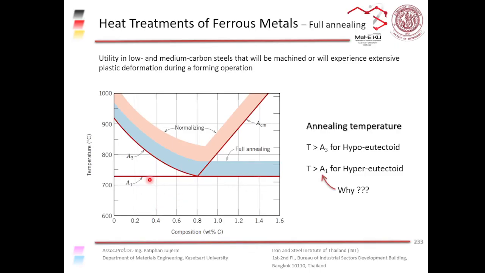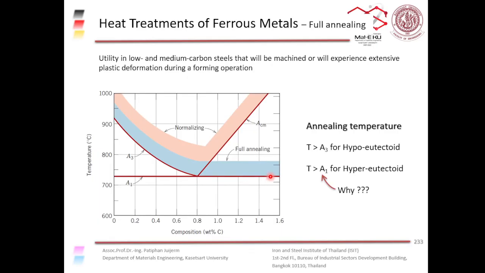If it is below the A1 line, you have alpha plus Fe3C, right? And if it is above the A1 but below the A3 line, you still have alpha plus gamma here, right? So basically, you want to get rid of all the alpha phase. So you heat it up above A3 and above A1 line, right?